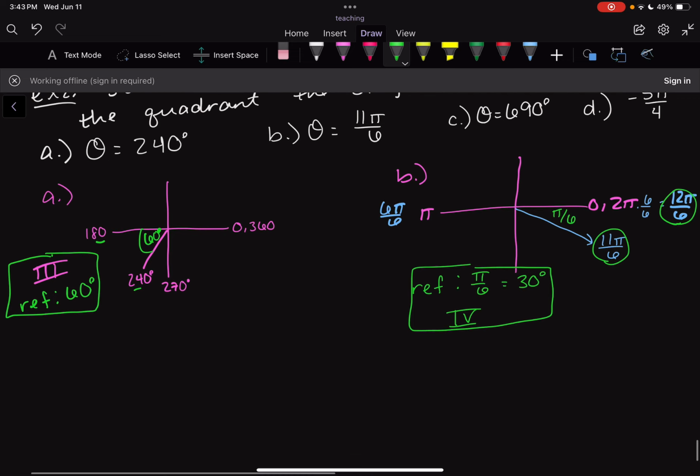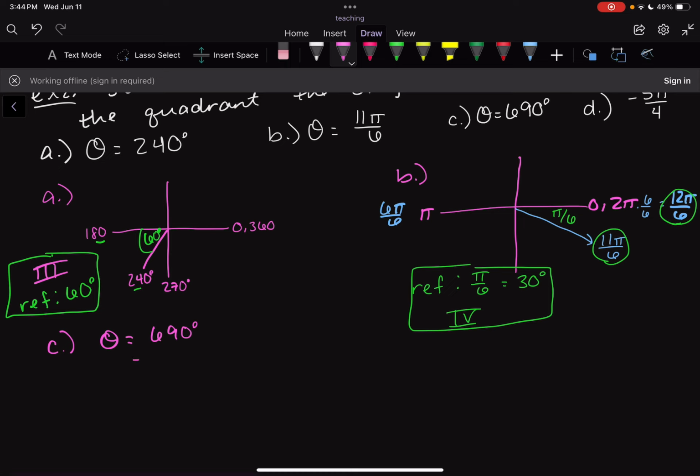Let's do C together. So C is 690. That's too big. I'm not trying to graph that. So you want to think about what can we do to make an angle smaller if it's too big. I'll give y'all a second to think about it, pause, think.